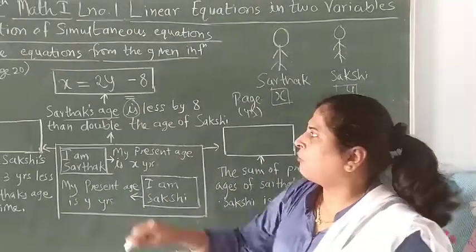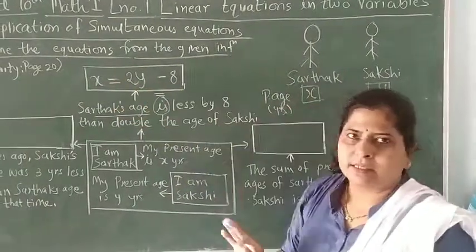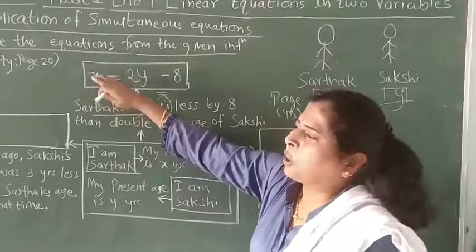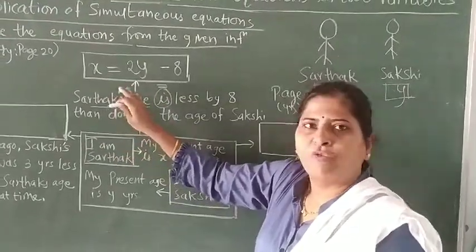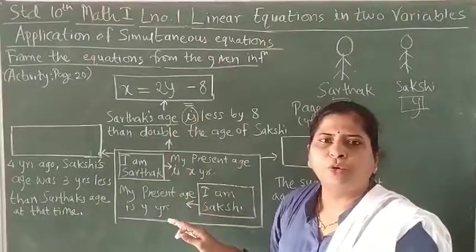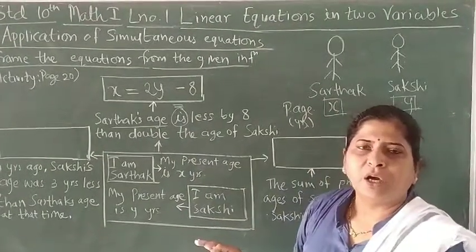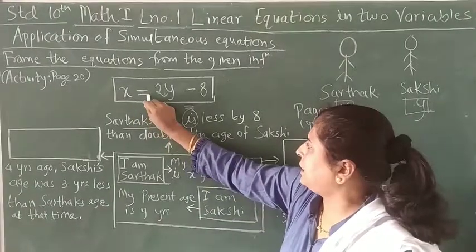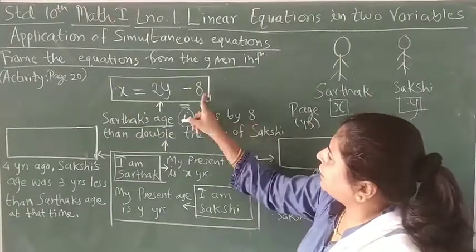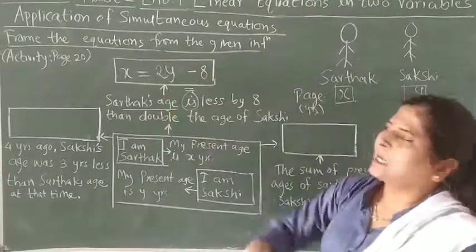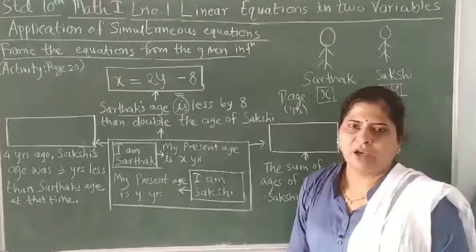So if you have seen, I have not written X is equal to 2Y minus 8. No. I have read it and accordingly I have written. If you follow this smart tip, it is easier for you to frame the equation without going wrong. So Sarthak's age, that is X, is less by 8 than double the age of Sakshi. This is the equation we have framed.